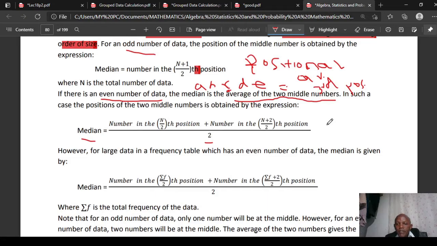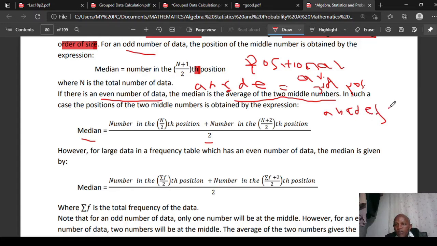We can look at that, for example, if you have got letters A, B, C, D, E, and F. Ideally, you're supposed to arrange this data in a systematic way. The first thing is that you must arrange it in an ascending or descending manner, so that after that you compute. What is the number of observations? 1, 2, 3, 4, 5, 6.